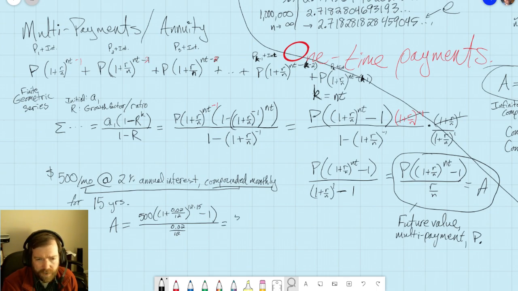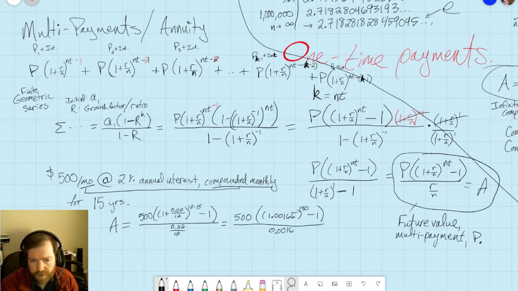Being a trig guy, I should know that, but whatever. 500 times 1.02 over 12. It's going to be 1.00166 with 6 repeated, raised to the 180. Minus 1. All over 0.00166 with those 6's repeating.